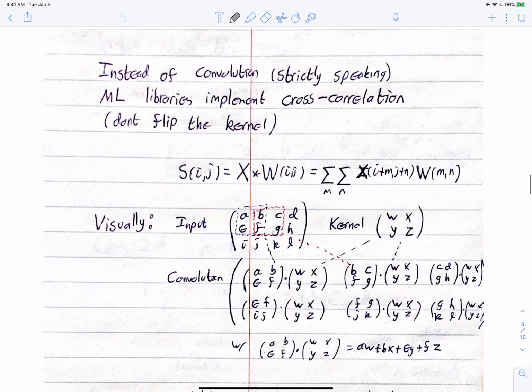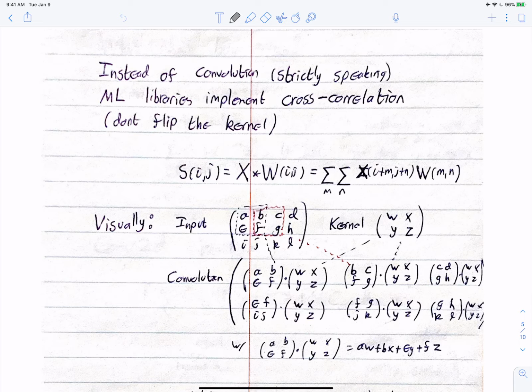Now, there's a bit of unfortunate use of terminology. Here the convolution that we've said is really what a mathematician means when they say convolution. Strictly speaking, the machine learning libraries actually implement something called cross-correlation, where they don't flip the kernel. This is really just a matter of convenience.